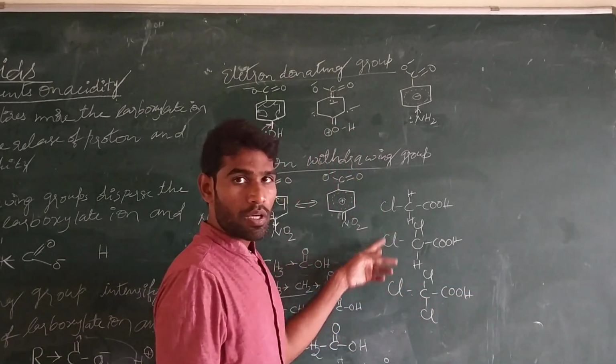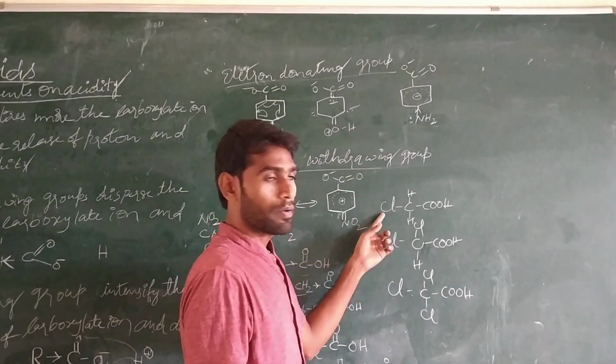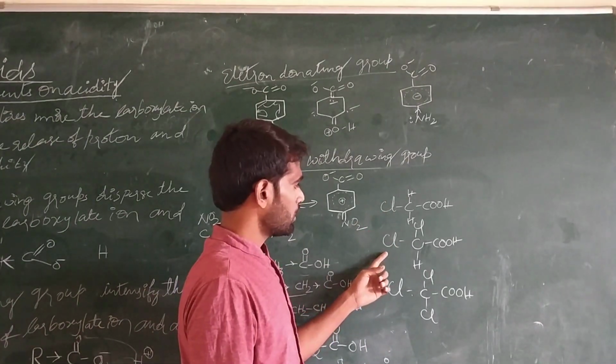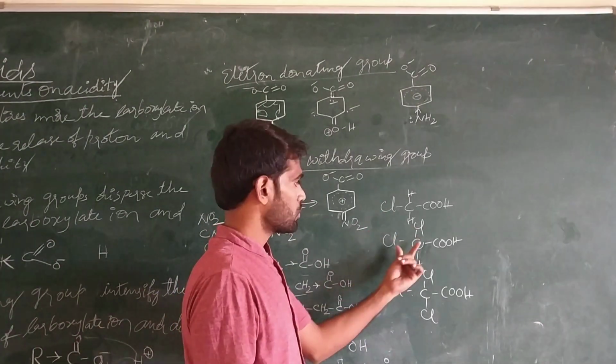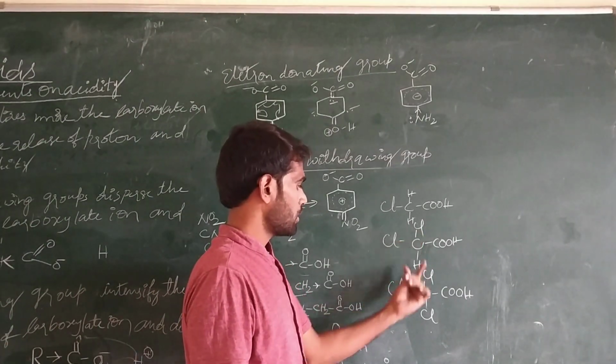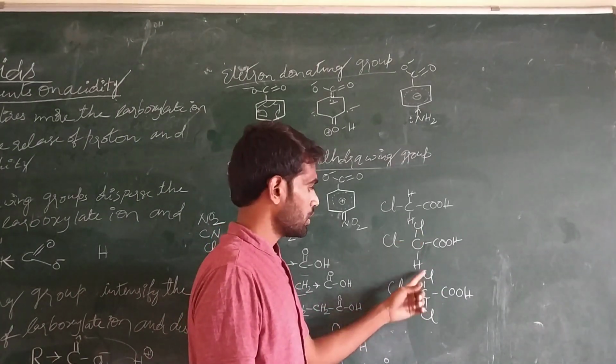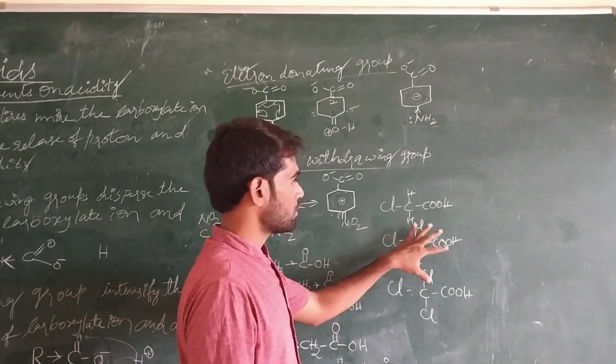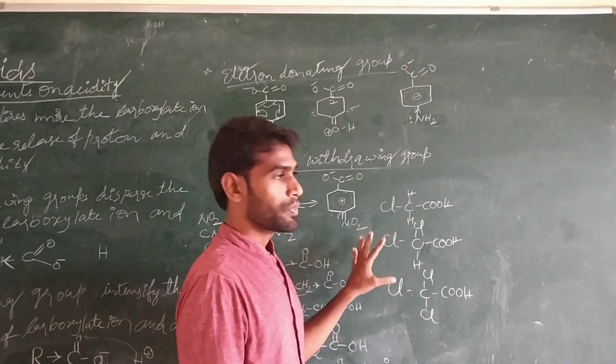Now you see the three compounds. This compound contains only one electron withdrawing group, this is dichloroacetic acid, which contains two electron withdrawing groups, and the trichloroacetic acid contains three electron withdrawing groups. And here, if you are increasing the electron withdrawing groups, the acid strength of the carboxylic acid is increased.